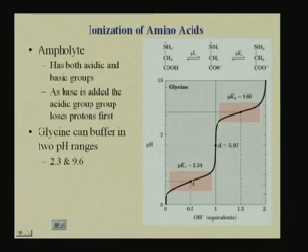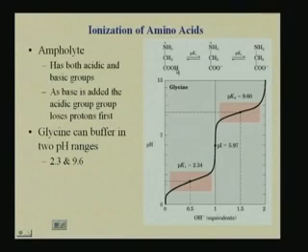I have equal amounts of this species, which is my A minus, and this species. Now, I want you to understand this very clearly, because you have to remember that as soon as you start OH minus addition, this H plus starts getting abstracted.